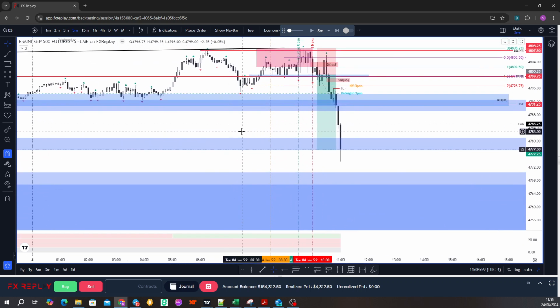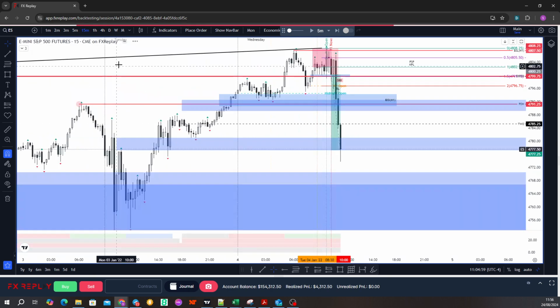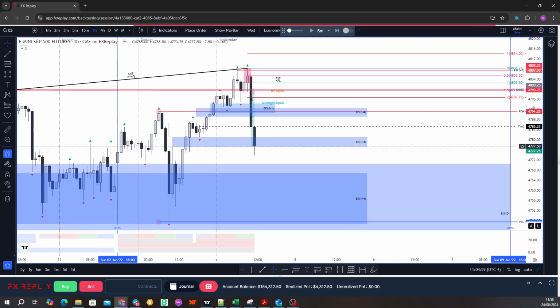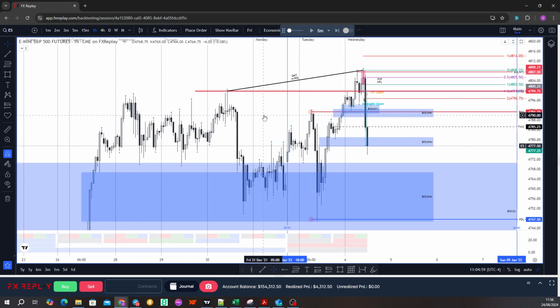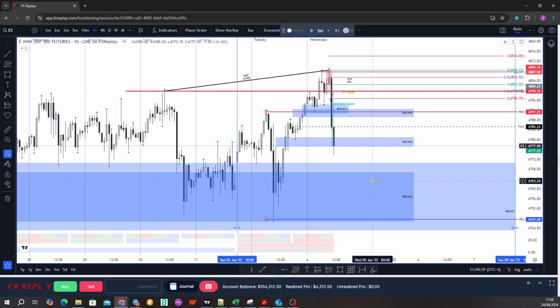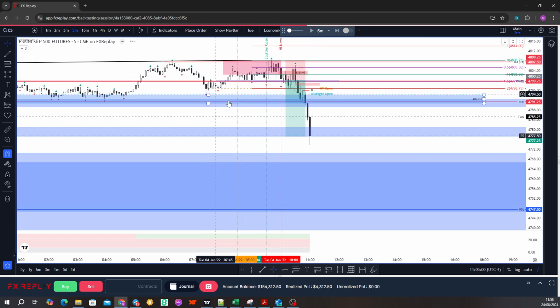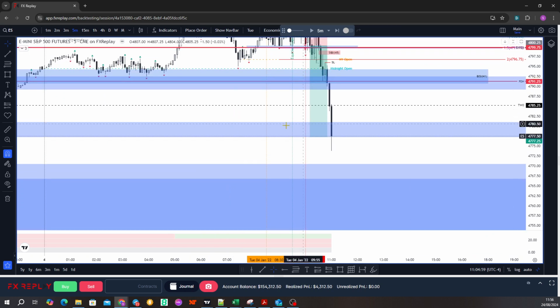I'm pretty confident that if we just venture out to the hourly, price is quite possibly, well, technically speaking, we got down to the level that we wanted, within a discount below the 2-week open. So we have to look at that and say that is a pretty darn good trade.